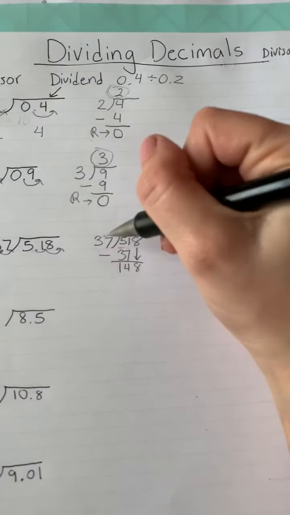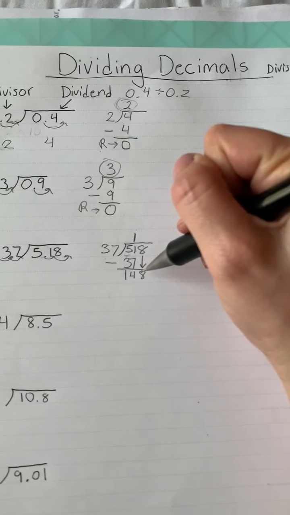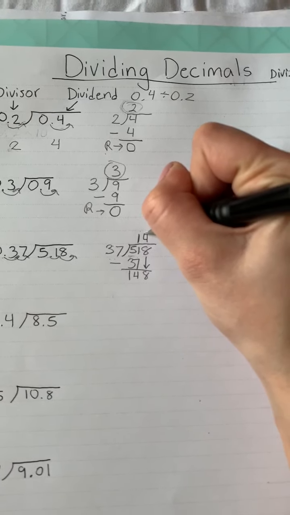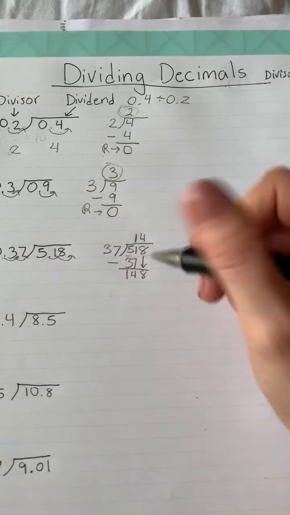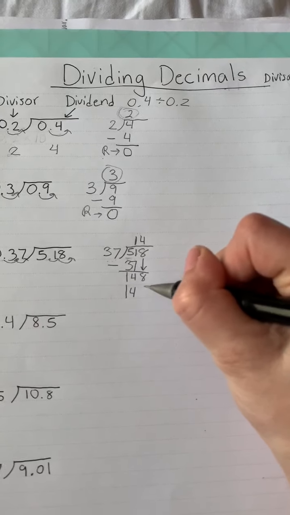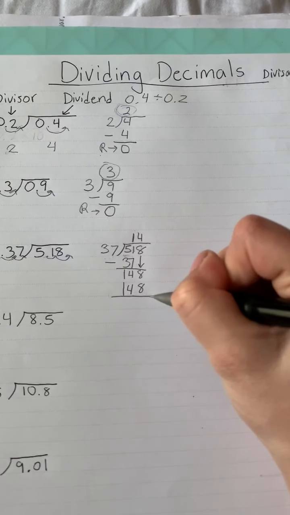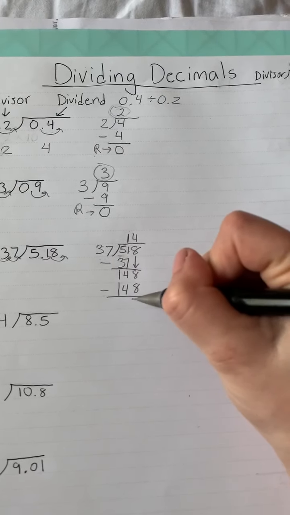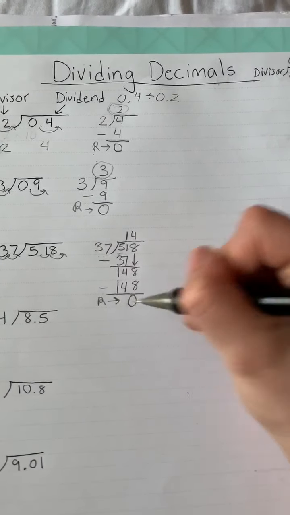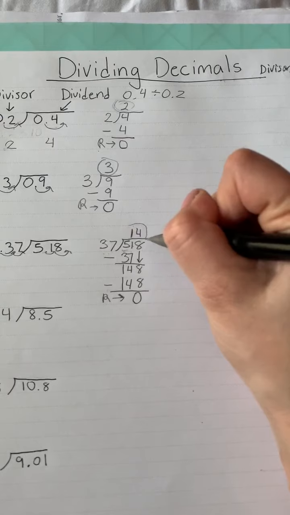So 37 went into 148 4 times. So I'm going to put my answer 4 right up here. And it went in evenly, so 148 was my number. 148 minus 148 is 0, and because we have a remainder of 0, we know that we are done, so our answer is 14.